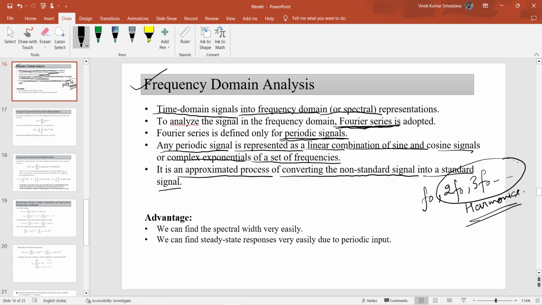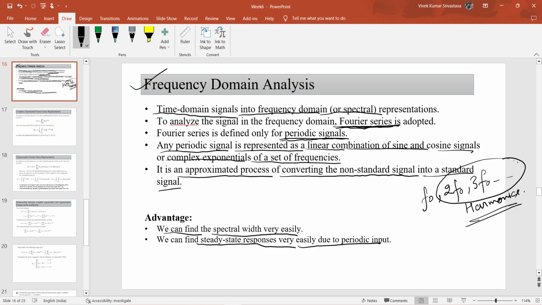So what are the various advantages of using this frequency domain analysis? We can easily find the spectral width, meaning we can check whether this signal will work from this frequency up to this frequency. And we can easily find the steady state response for a periodic input signal.